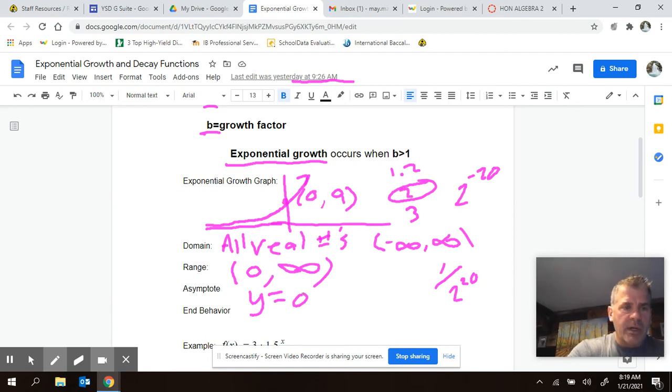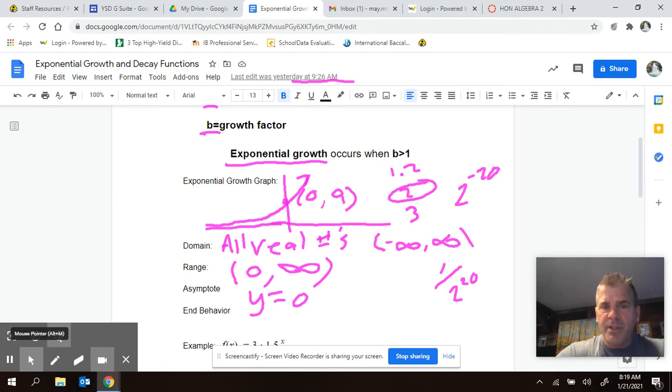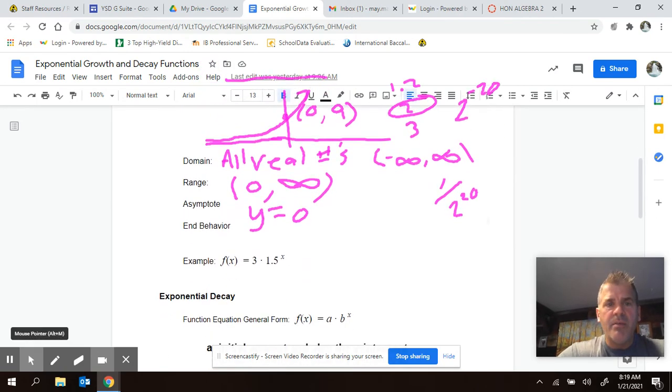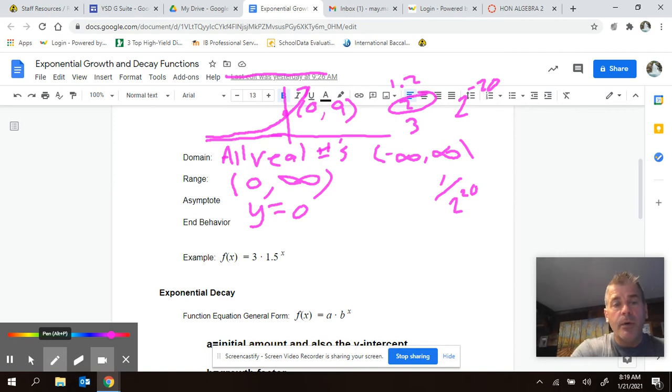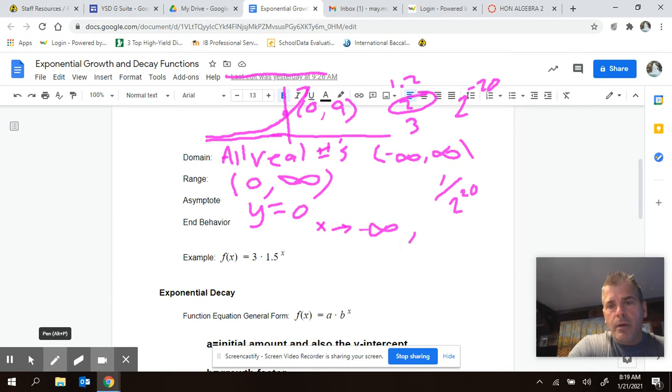All right, so we're going to continue in the analysis of these functions. We also have end behavior. That is always part of our analysis of functions. We're going to say it this way: as x goes to negative infinity, y, or f of x, is going to go to 0.